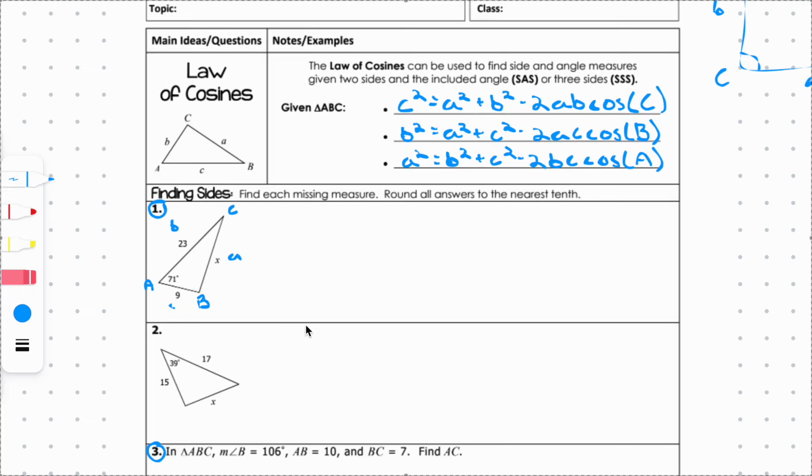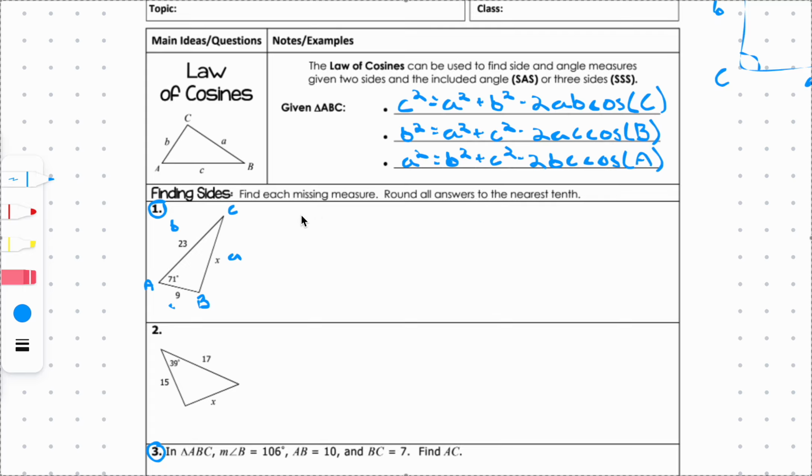Okay, so we're trying to solve for side x, which is across from angle A. So we're trying to solve for little a. So I'm going to use this last formula, okay? And they're all essentially the same formula. It's just you're defining A, B, and C on different sides. But I'm going to use this last formula.